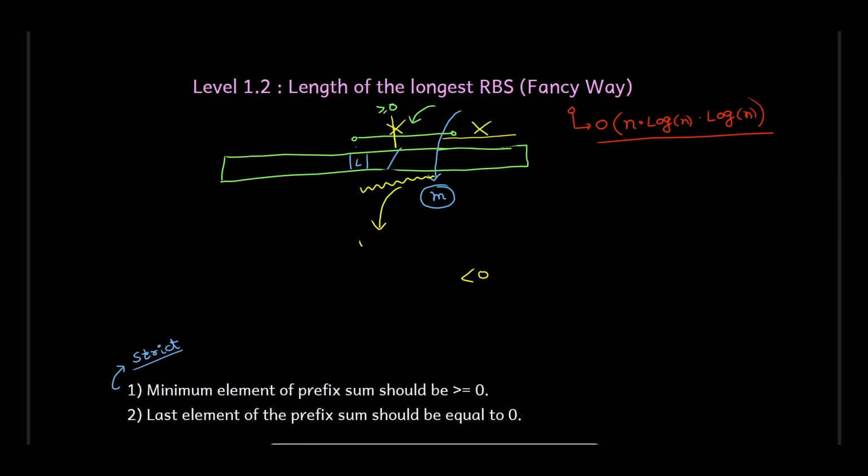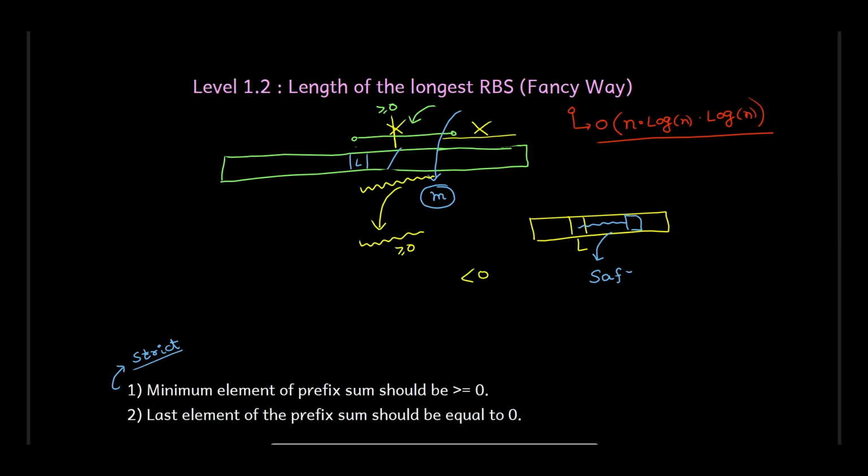But if the minimum element in this range is greater than or equal to 0, it means that all of these indices that you see over here, this is your L, if you have partitioned this at this midpoint, then you can see that all of these indices are safe.